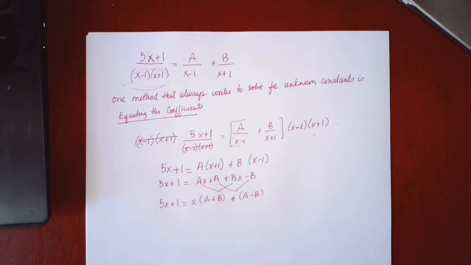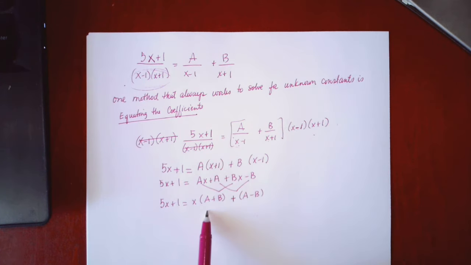Okay, here's what we do for equating the coefficients. Once we get it to this point, we say, all right, I want this left-hand side to be equal to this right-hand side. And I want to find an A and a B that will make it happen.